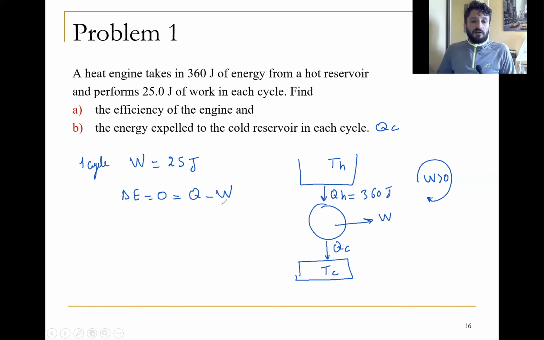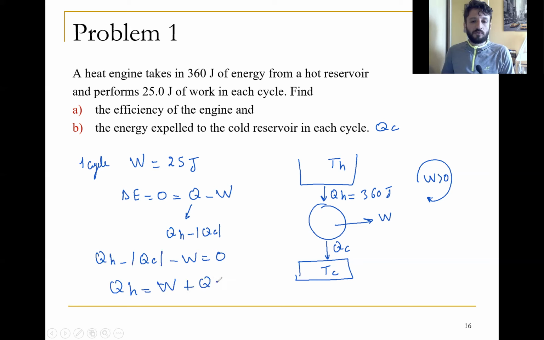And Q equals Q hot minus Q cold. We can say directly Q hot minus Q cold minus omega equals 0, and Q hot equals omega plus Q cold.